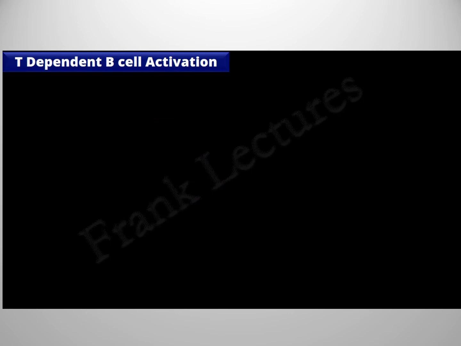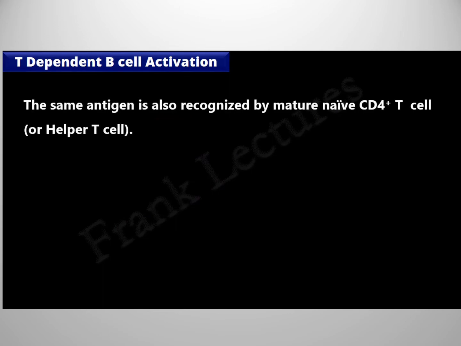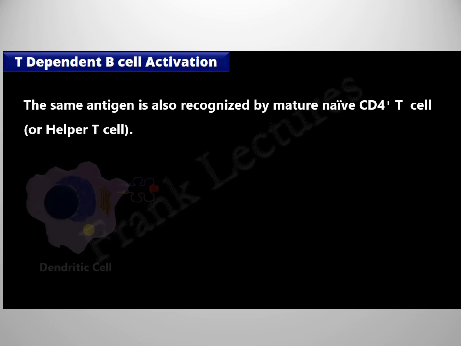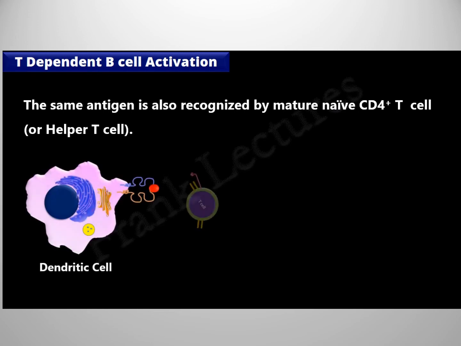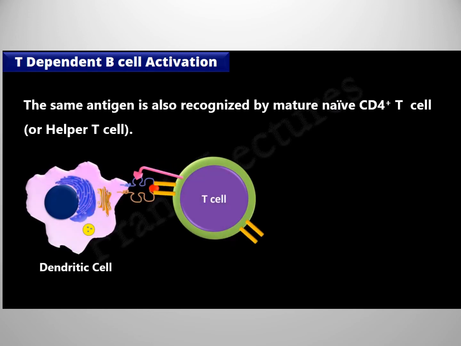Meanwhile, the same antigen is also recognized by the mature naive CD4 positive T cells, or helper T cells. Note that this recognition by the T cell is independent of the B cell. The dendritic cells present processed antigen in the form of MHC2 peptide complex to this T cell.